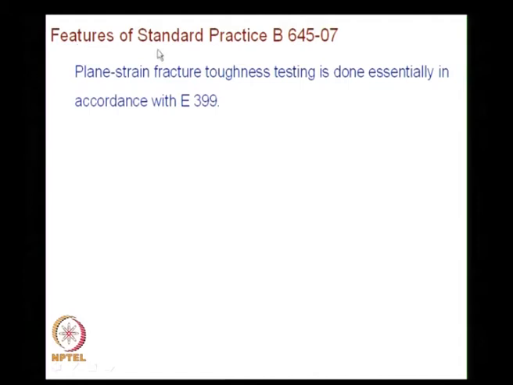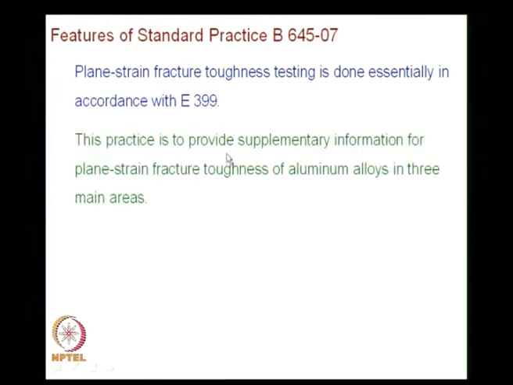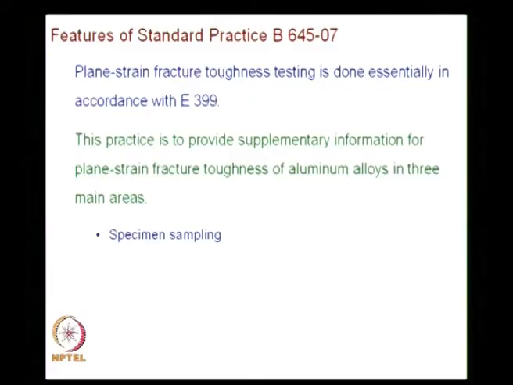Let us see what are the features of standard practice B645-07. Plane strain fracture toughness testing is done essentially in accordance with E399. However, it provides supplementary information for plane strain fracture toughness of aluminum alloys in three main areas. Some sort of a relaxation: you perform a test, you do not throw all your results out. If some results can be salvaged, that is what this practice has looked at.